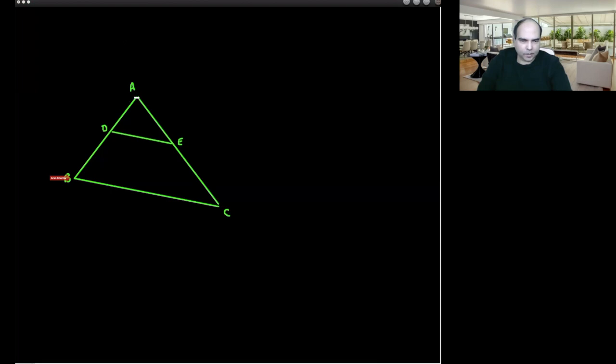Likewise, the point E splits the line AC into two parts, AE and EC.